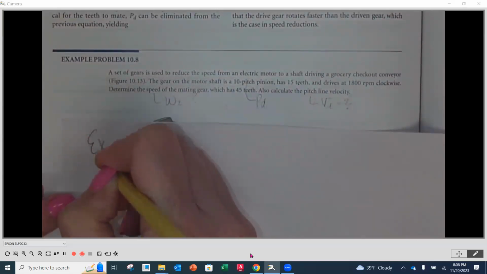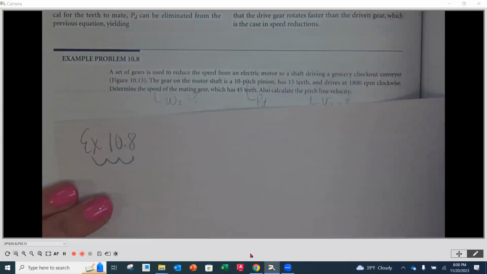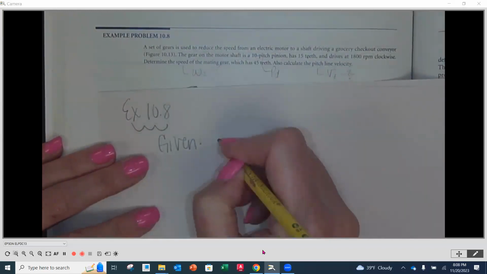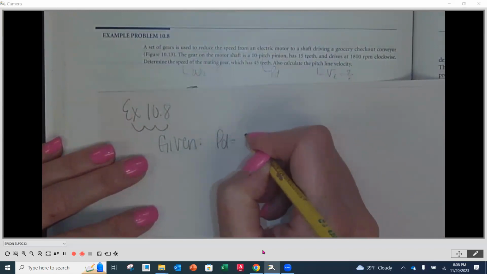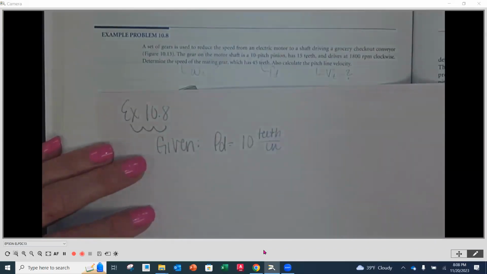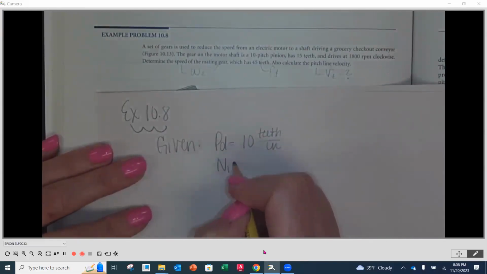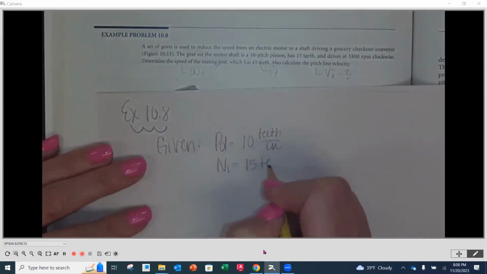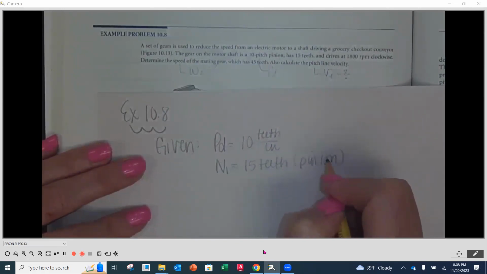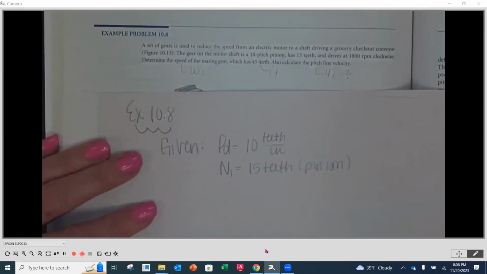Let's do example 10.8. What we know, what's given. PD is equal to 10. I like to write the units so I won't forget them: teeth per inch, even though they don't give it to us. We know that N1, the pinion, is 15 teeth. The pinion is the smaller of our two gears in engagement.